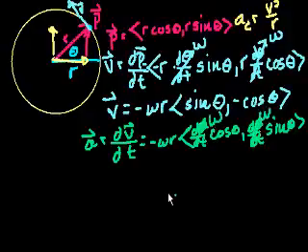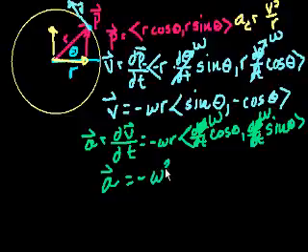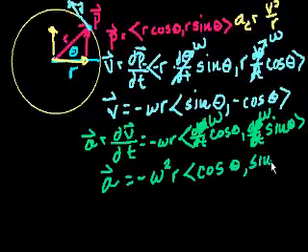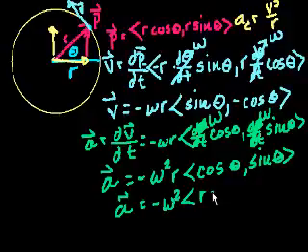And we could take the w out of the equation, and we get the acceleration vector is equal to minus w squared r times cosine theta, sine theta. Or we could take this r and multiply it times both of these, the x and y components, and we have the acceleration vector is equal to minus w squared times r cosine theta, r sine theta.